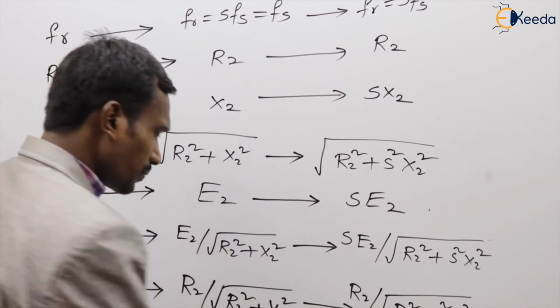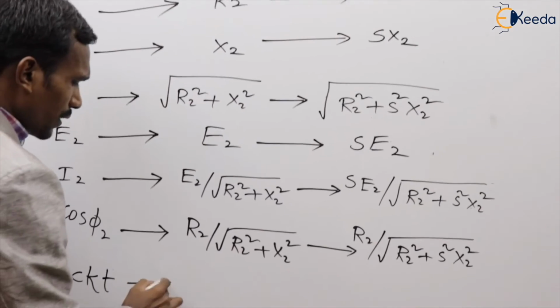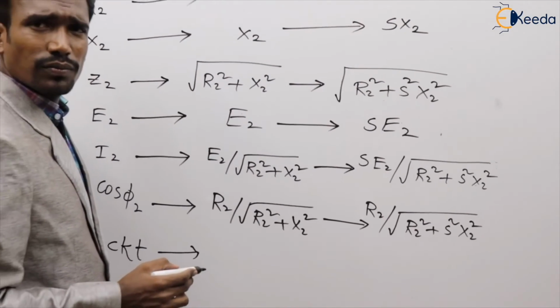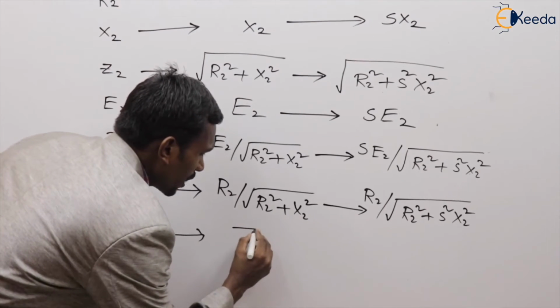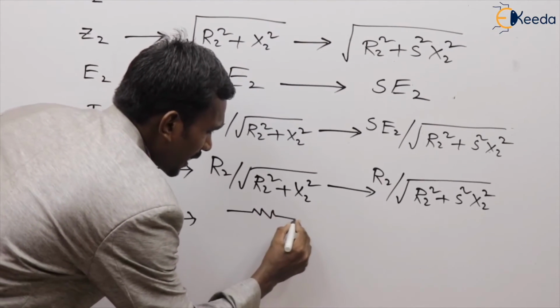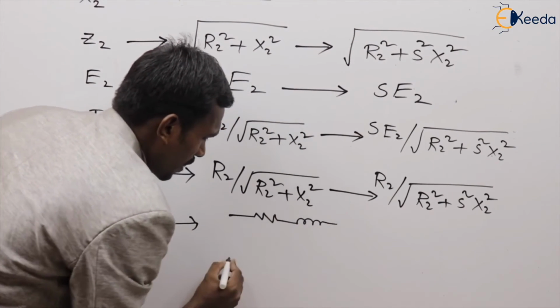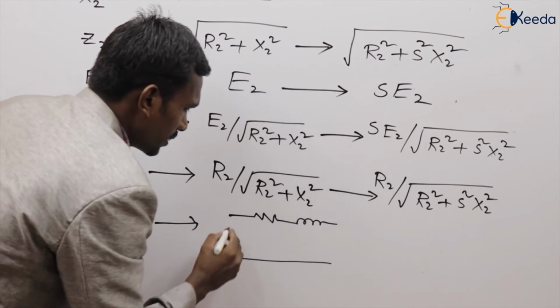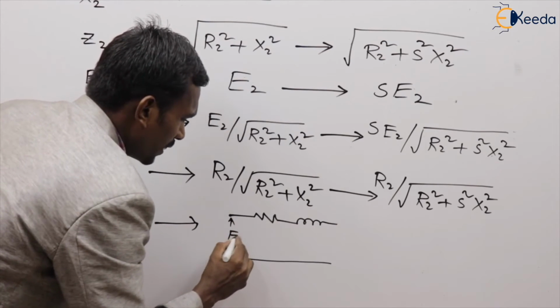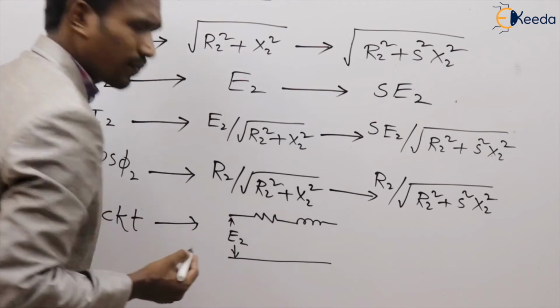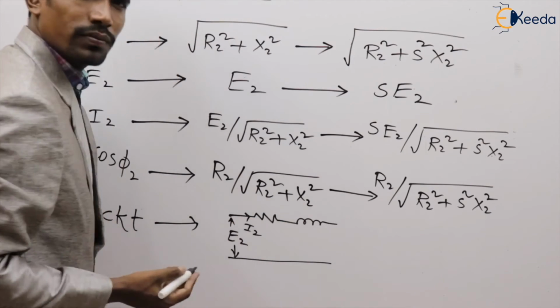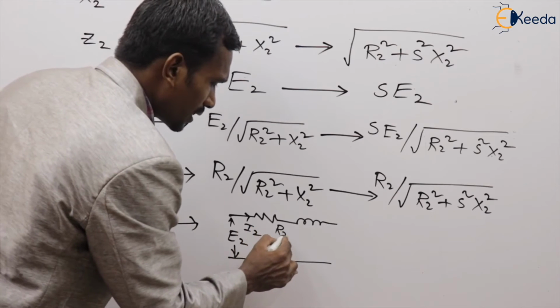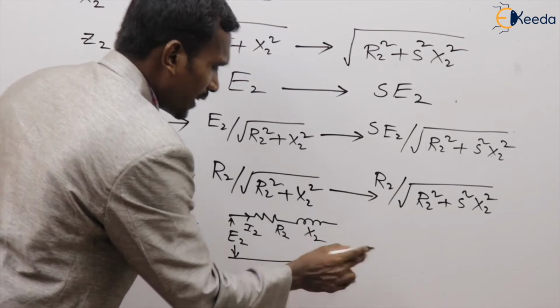Now, circuit. We have to draw the circuit. How will the circuit be? The circuit is like this. Here the EMF is E2, and here the current is I2, and here the rotor resistance R2, rotor reactance X2.